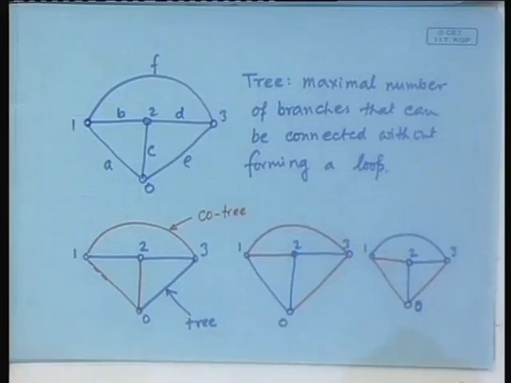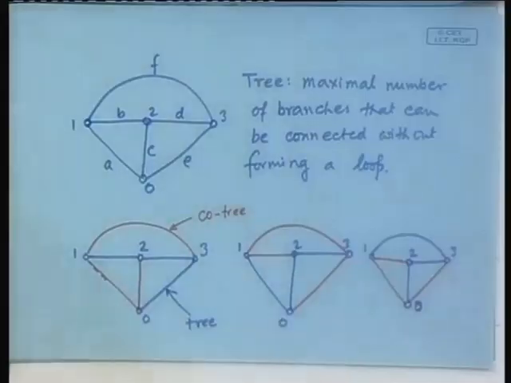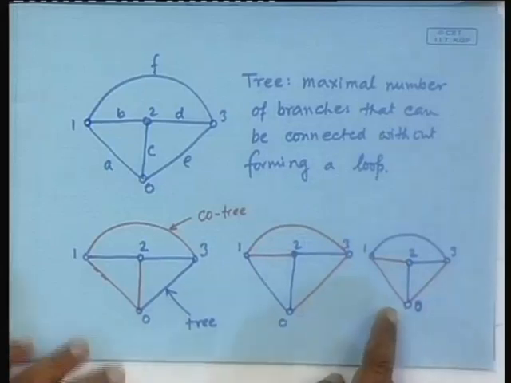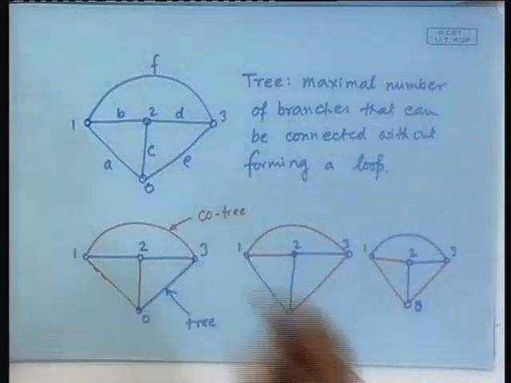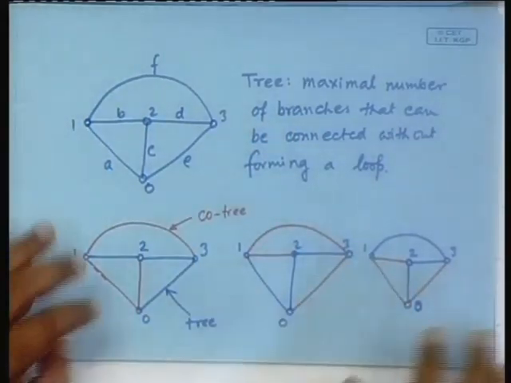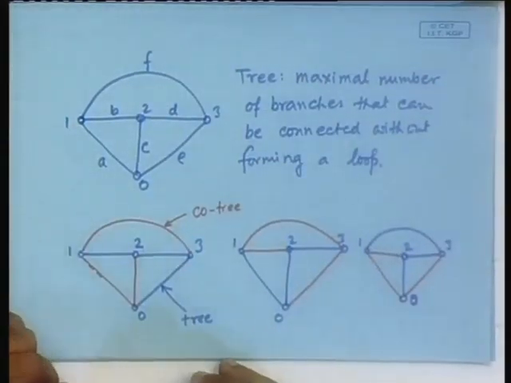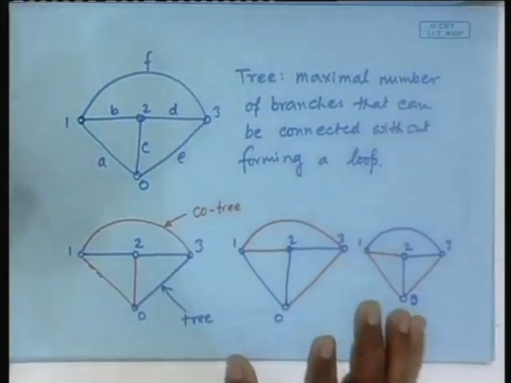You might notice one interesting thing, even though we tried to connect the tree in various possible ways, always we ended up in 3 branches as the number of branches in the tree. Notice, and you try to connect in any possible way this particular thing, it will always land up in 3. That is one interesting thing. For planar graphs, that always happens. The number of branches in a tree will be the same.